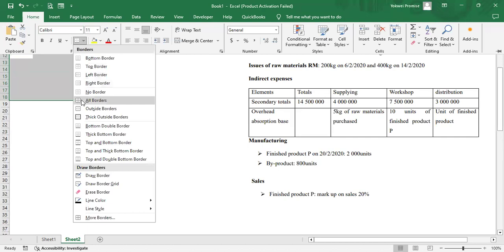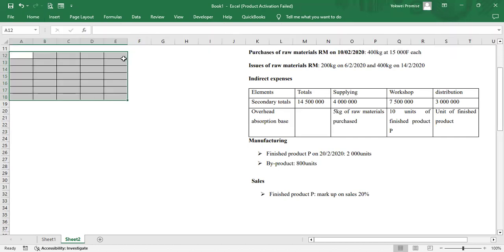The first column is for elements. The second one is for totals. The third is for supply. The next we have workshop, and the last we have distribution.